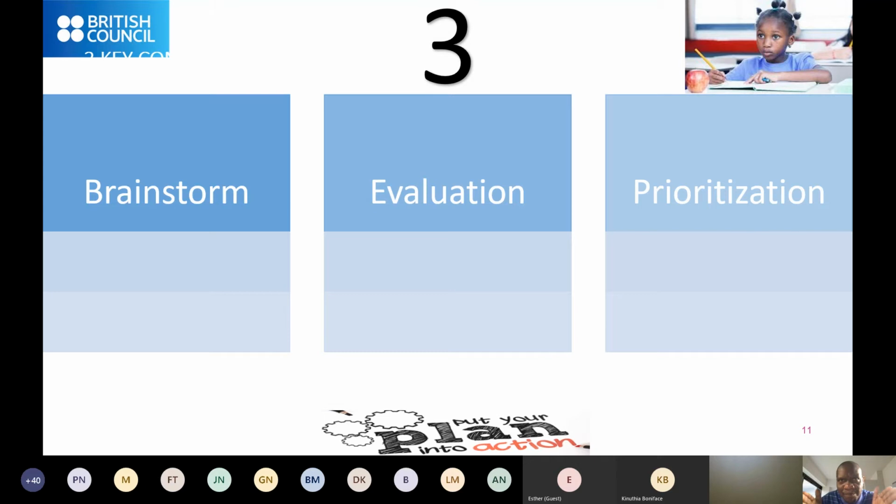But now we have a time crunch. You can't do everything within September to December or September to March. So that small window will allow you to evaluate and find, what do I need to do? And once you have evaluated, you'll be informed on the best way to prioritize.